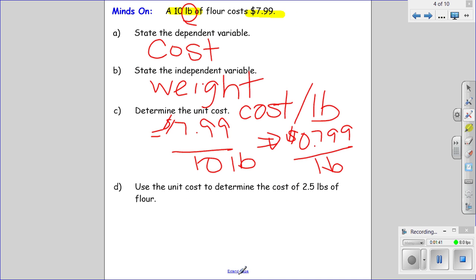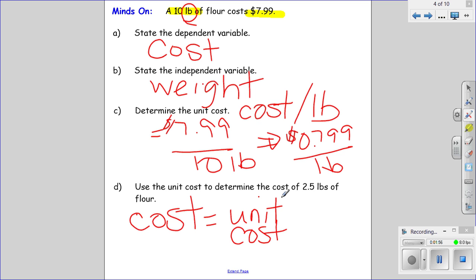Now, how does the unit cost help us determine the cost of a different weight? Well, the unit cost can be used by saying the overall cost is equal to the unit cost times the independent variable, which is the weight of the flour.